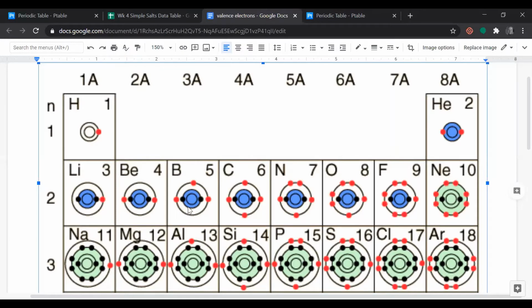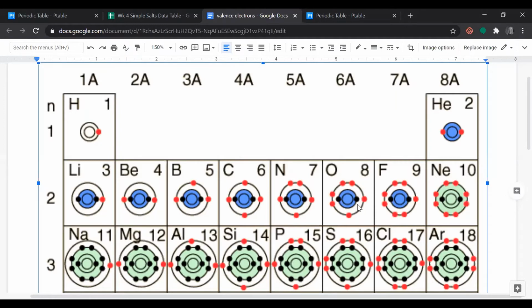So if you have an element that only has 7 valence electrons, like this fluorine here, that means it's got space for 1 more. It just needs 1 more electron in order to be full and stable like neon.